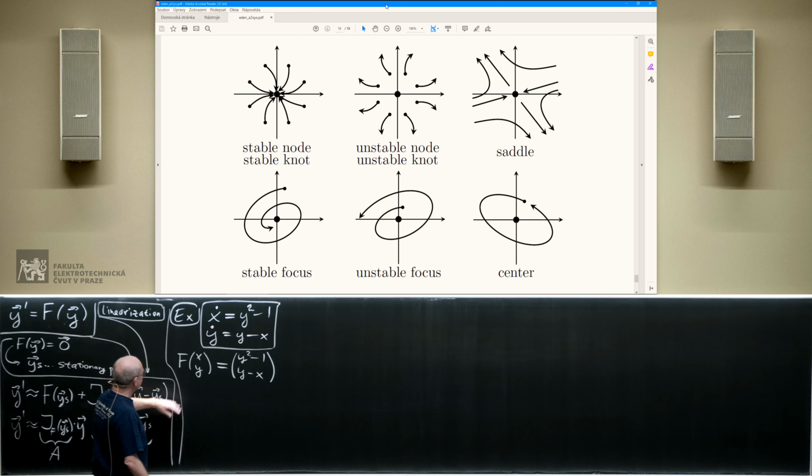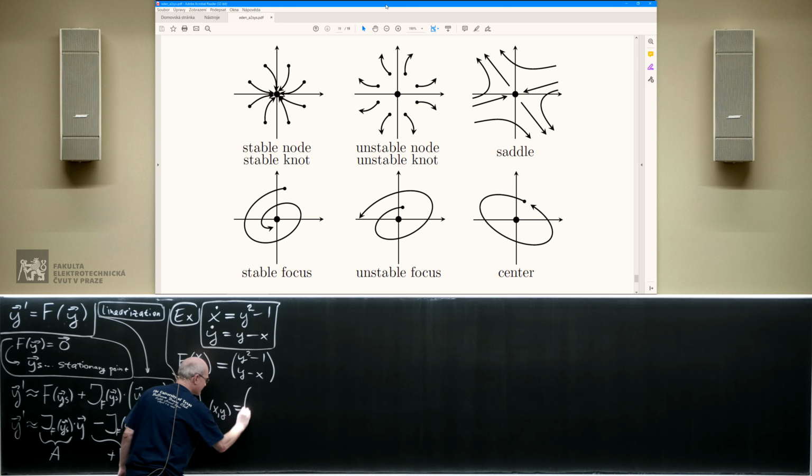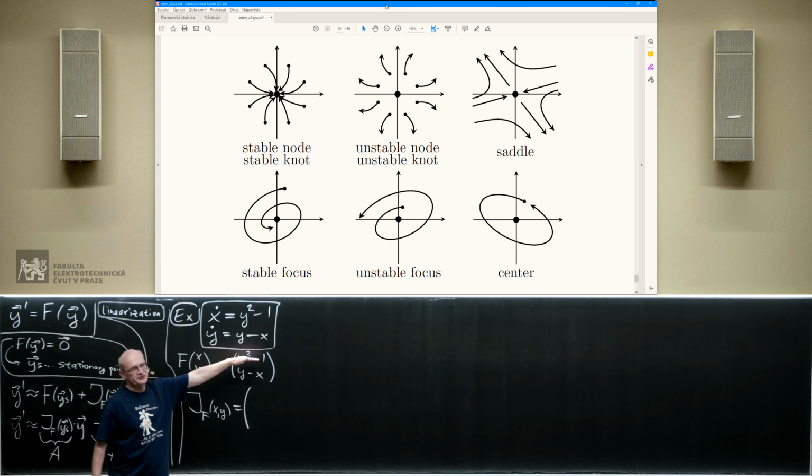So, if we want to approximate this function at some center, we are going to need the Jacobi matrix. The Jacobi matrix at (x, y) looks like, let's see, I take the first component and I differentiate it with respect to x and with respect to y.